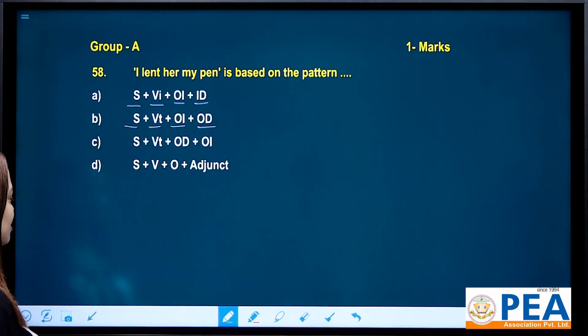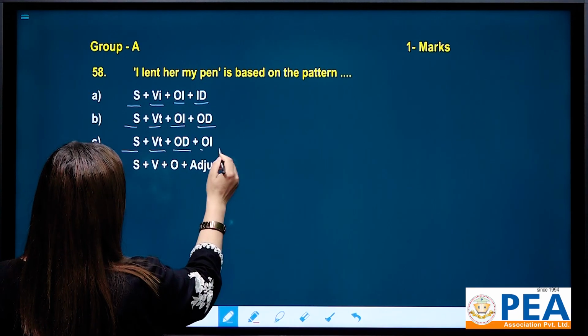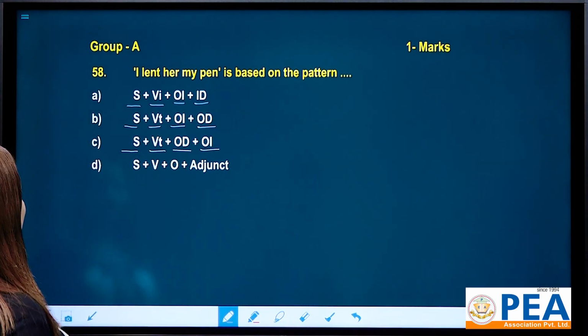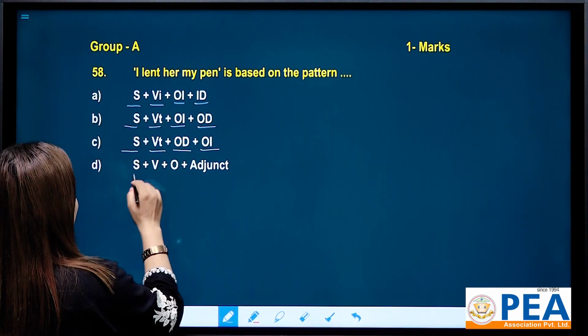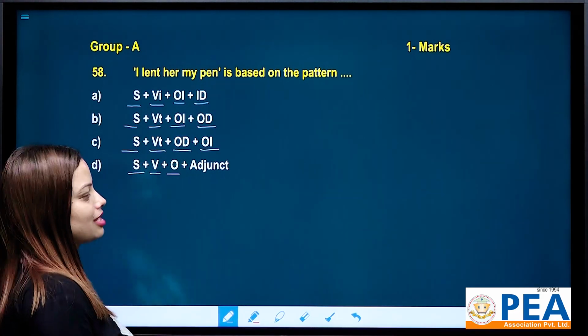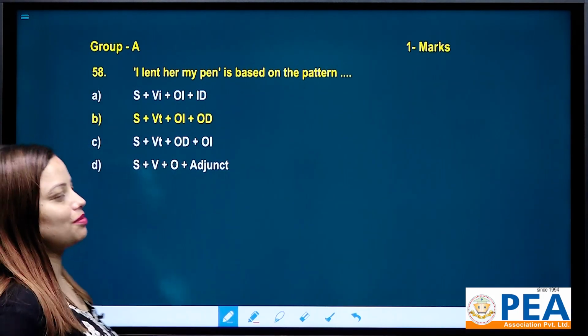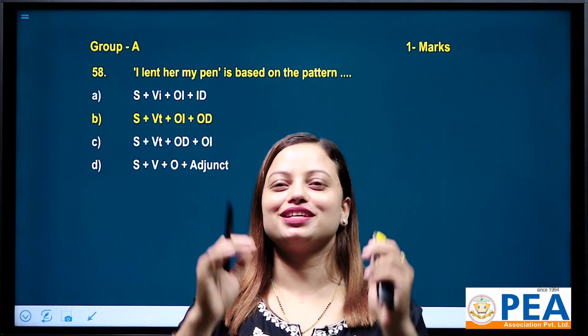In terms of third option there is subject, transitive verb, direct object, and indirect object. And in terms of option number D, it says that subject is there, verb is there, object is there, and at last there is adjunct. Let's find out which one is correct. Okay, among these four options, option number B is correct.